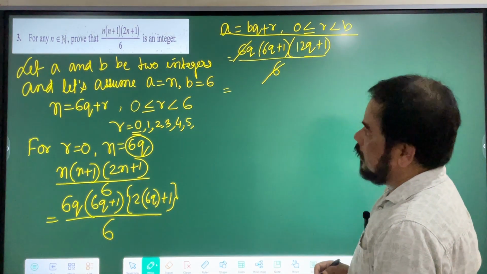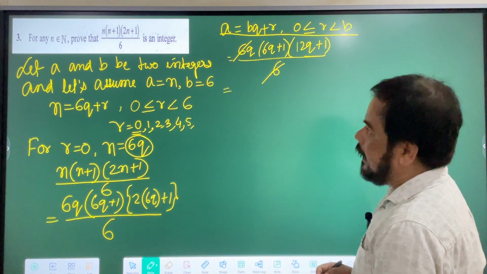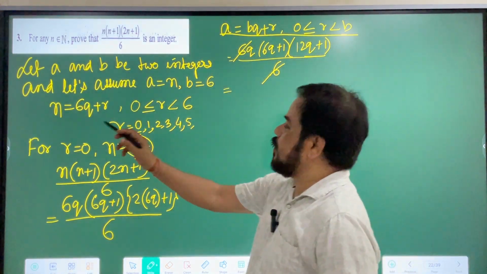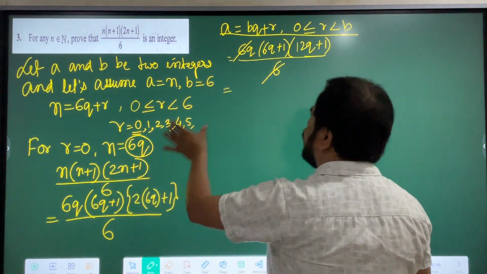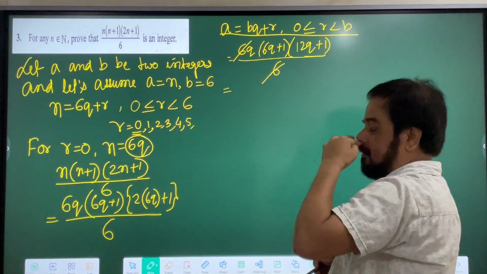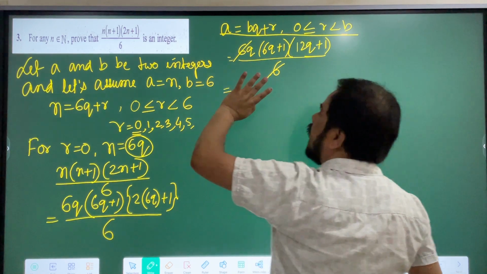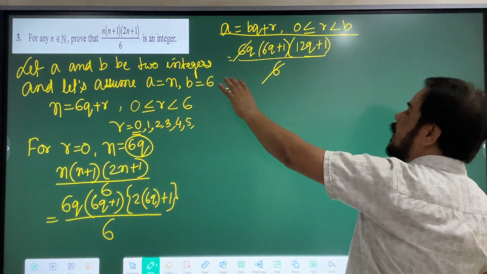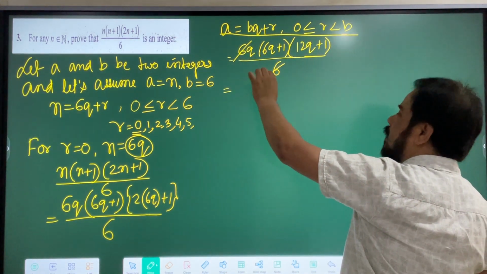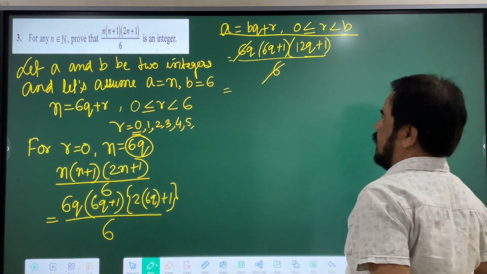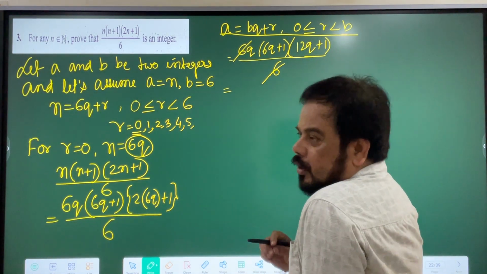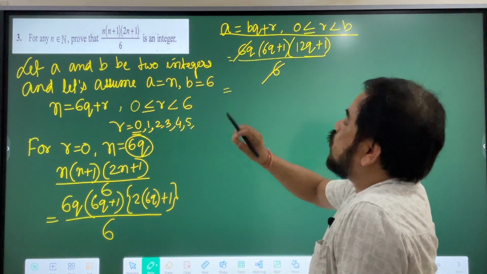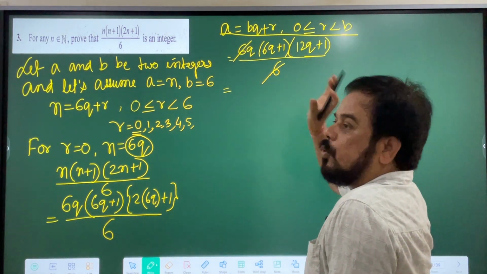So now what is to prove? That by putting r equals 0, whatever result we get from here is also an integer. That means in whatever term we get, in every term there must be q present. As I already told you, for any integer, q must be shown here, because q is always an integer.